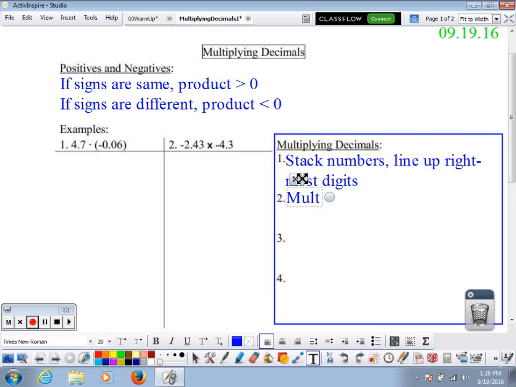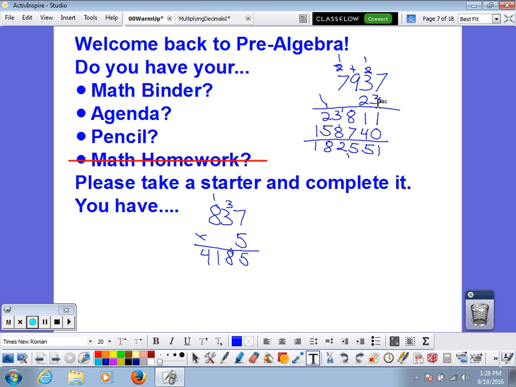Once we have those lined up, we're going to multiply normally, just like you learned to in probably third grade. But what's really, really important about that multiplication? For instance, on the starter, we multiplied this 3 through by all those digits. What did we have to do before we could multiply that 2 by everything?